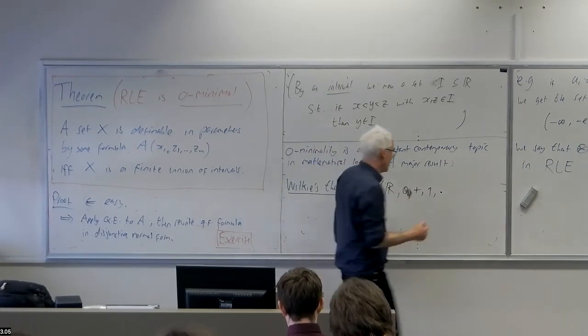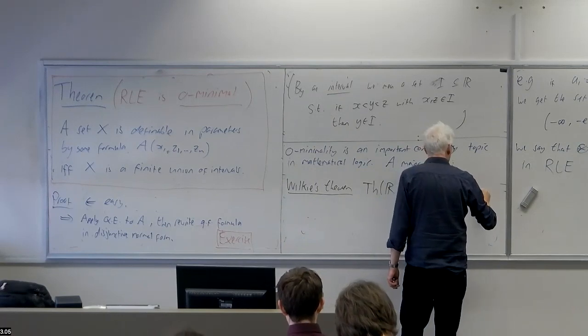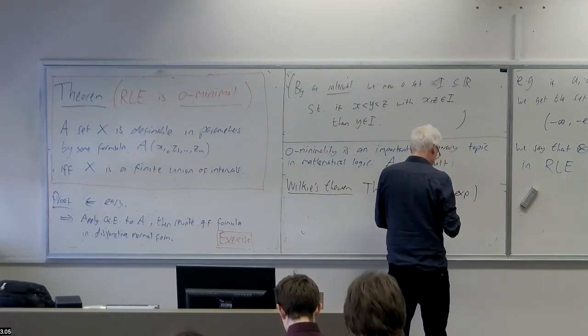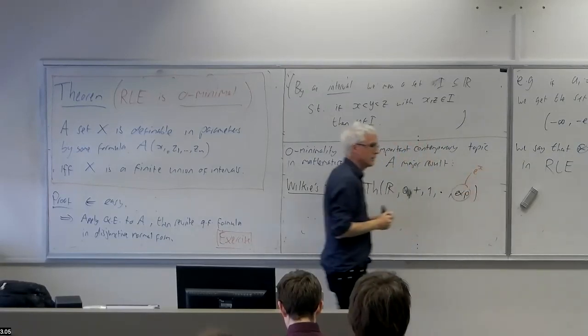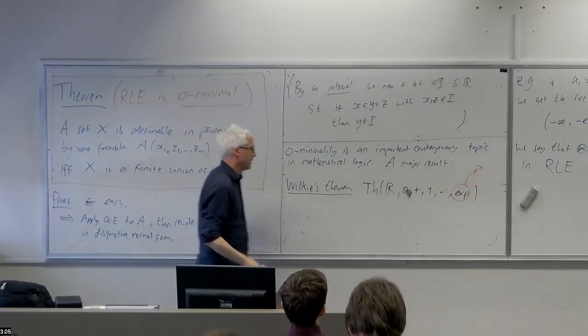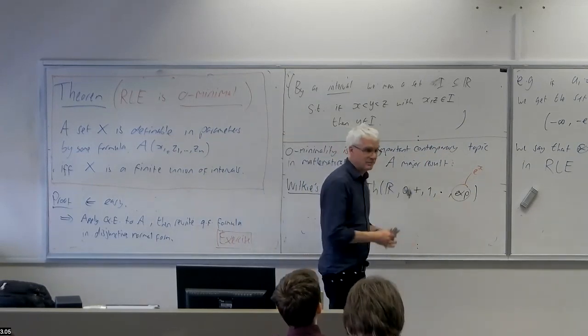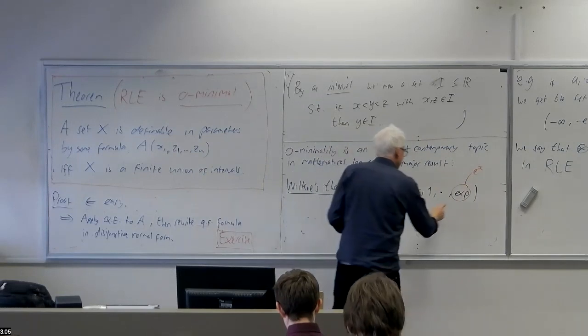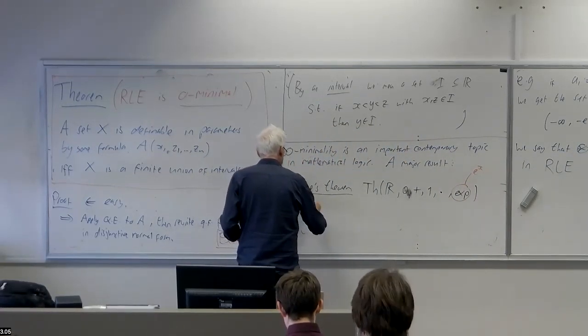You don't need to stop there. You can also add the exponential function, e to the x. And then you get a really, really powerful mathematical theory. And this is o-minimal.